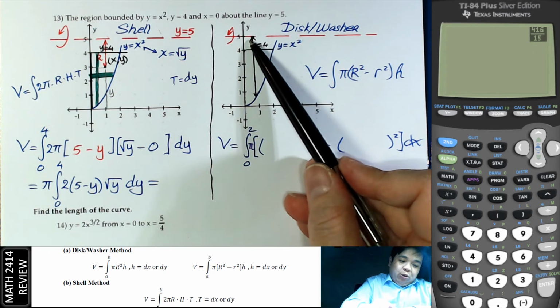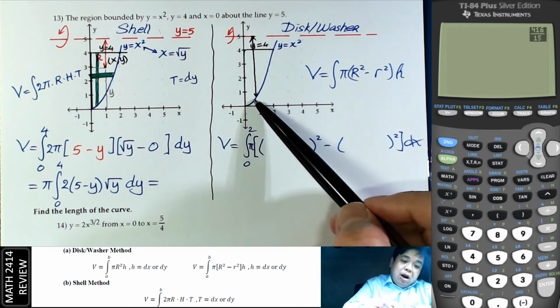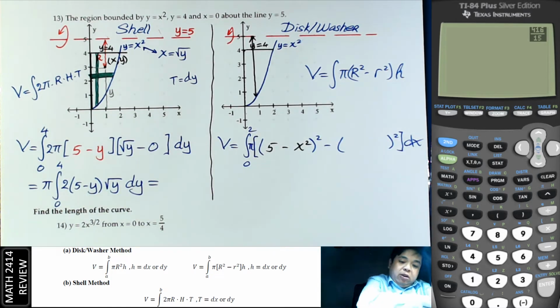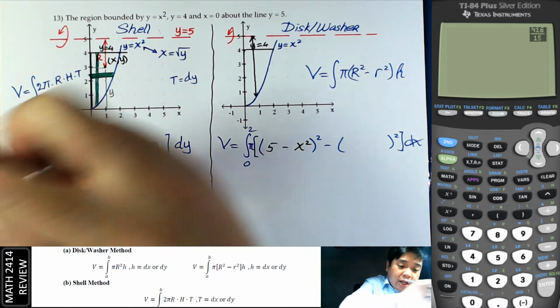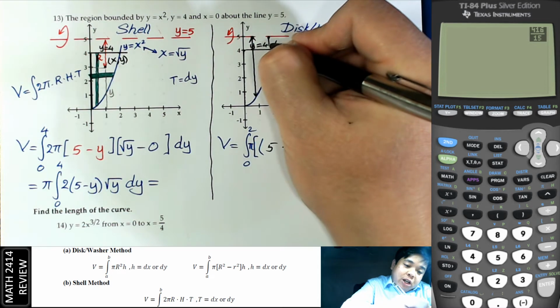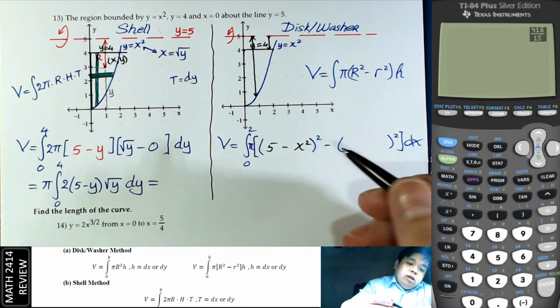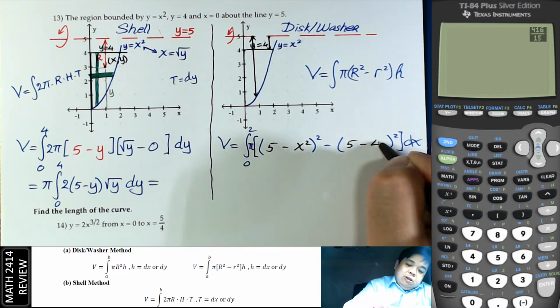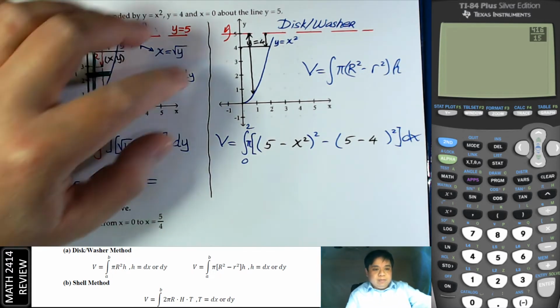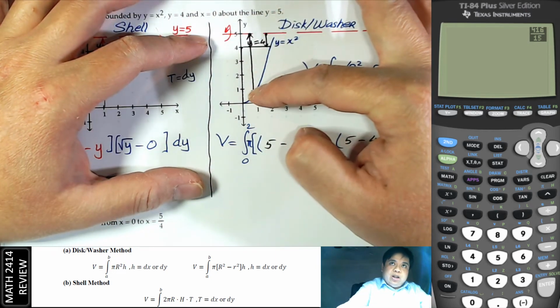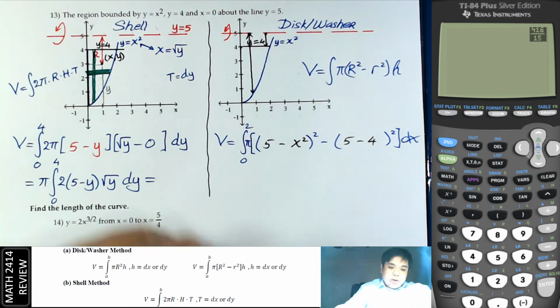So y equal to 5 above minus the below is x squared. That's the big radius. And the little radius is from the axis of rotation to the inner edge. 5 minus 4. Right? When we rotate, axis of rotation to the outer edge, axis of rotation to the inner edge.